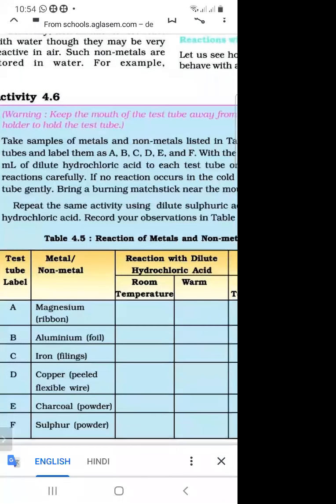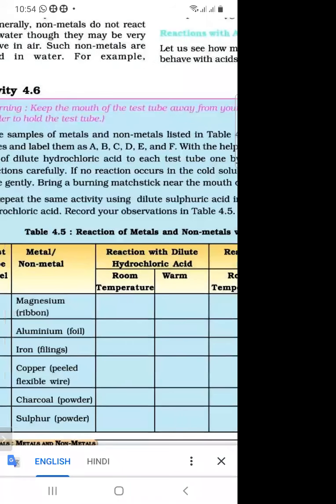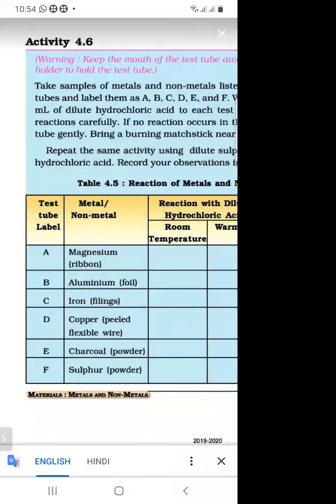With the help of a dropper, add 5 ml of dilute hydrochloric acid to each test tube, A, B, C, D, E and F.